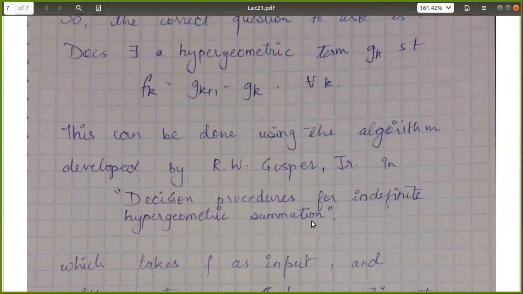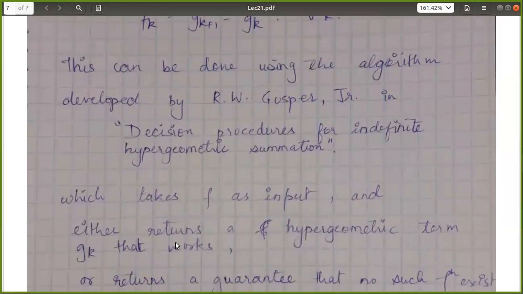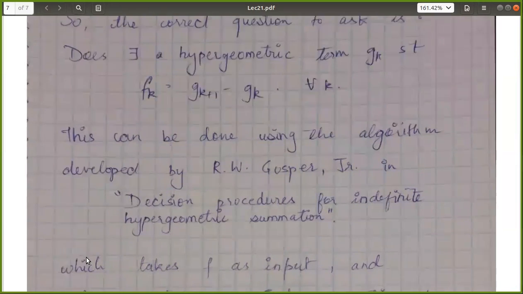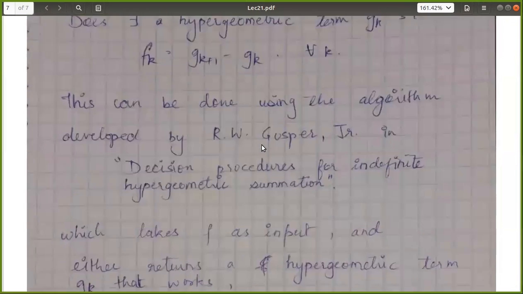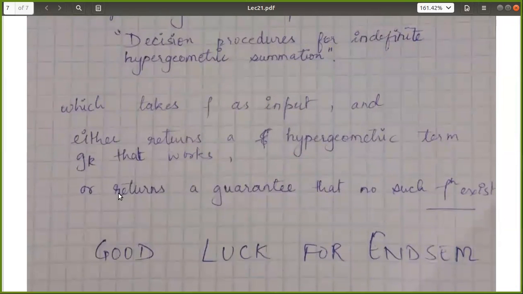What this algorithm does is that you input an f to it. So this particular f of k, you pass it on as an input. And what it returns is either a hypergeometric term g of k such that f of k is g of k plus 1 minus g of k, or it says that for sure there is no such function which works.